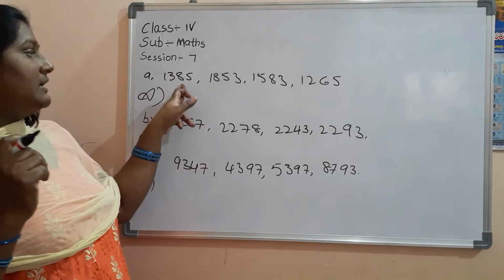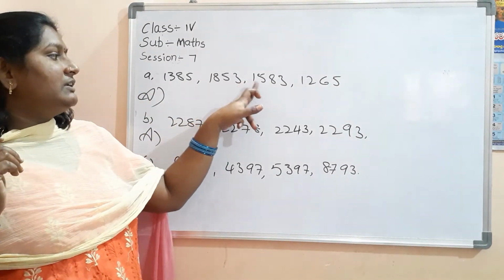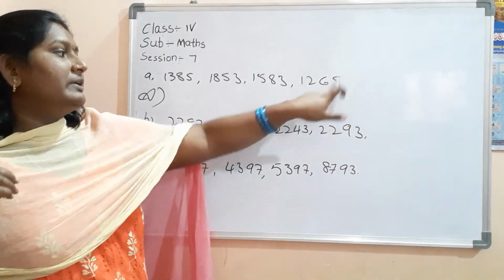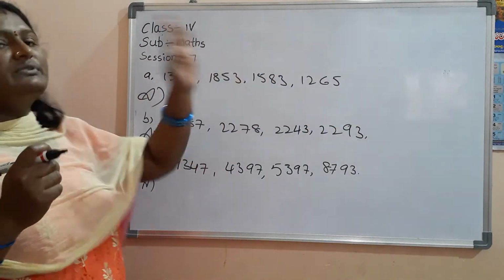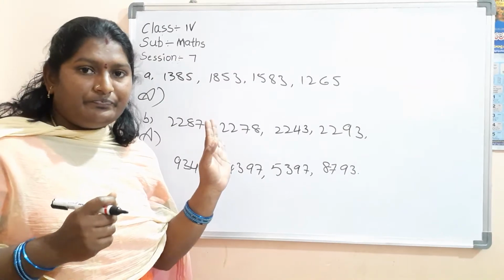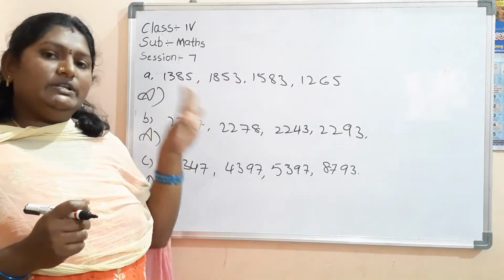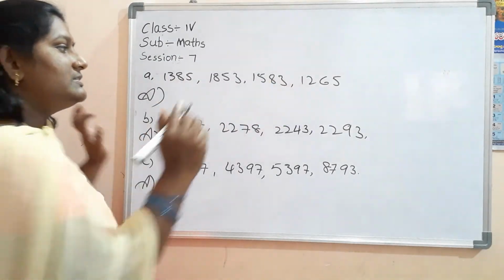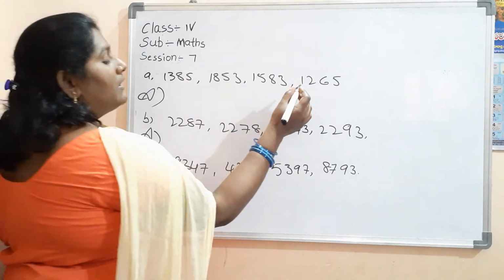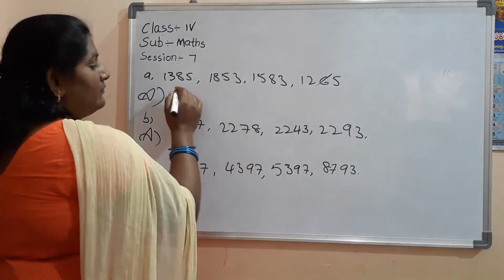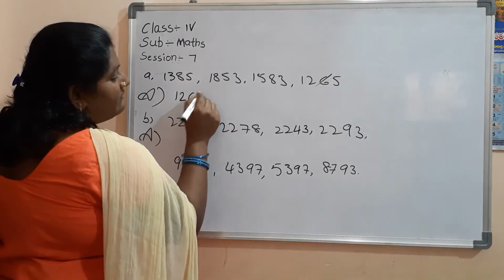So 1385, 1853, 1583, 1265. In the four numbers, which one is a small number? This one is a small number, I think so. Compare the numbers. 1265.